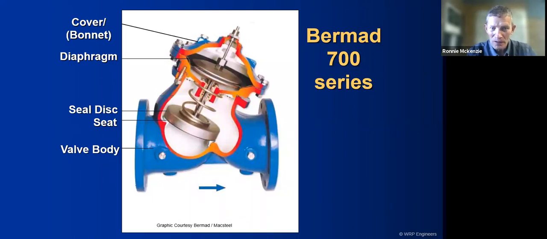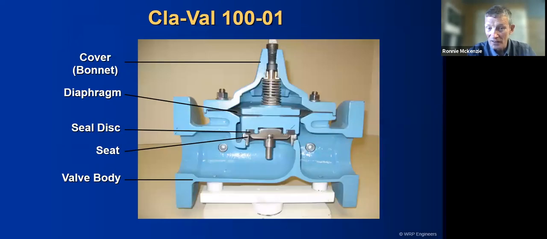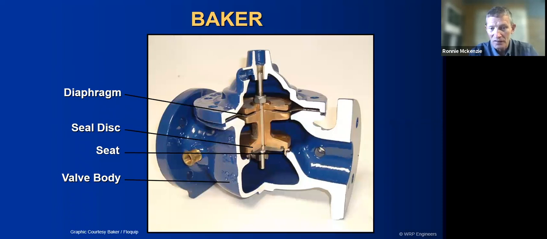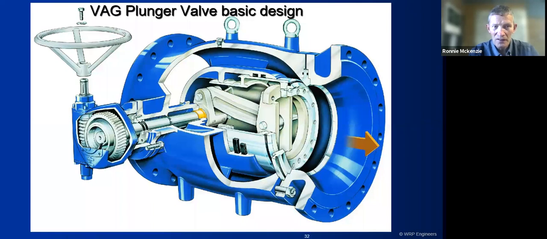There's another one, Burmat one. It's a take of Burmat. Clay valve, that's one of our favourites. We use a lot of Burmats and clay valves and Singers here in South Africa. It's some good kit. Baker, that's a good one as well. We've used that in a number of our installations. This is one of the European ones, the WAG plunger valve.